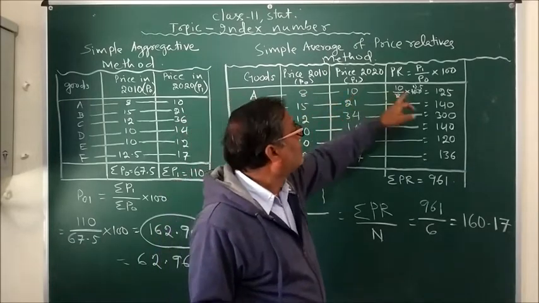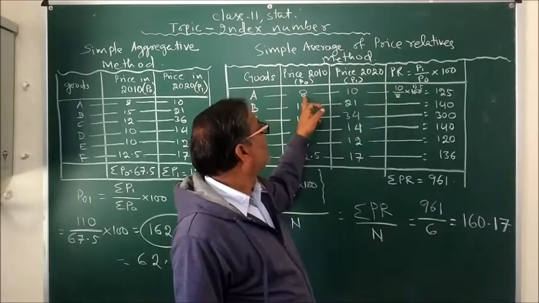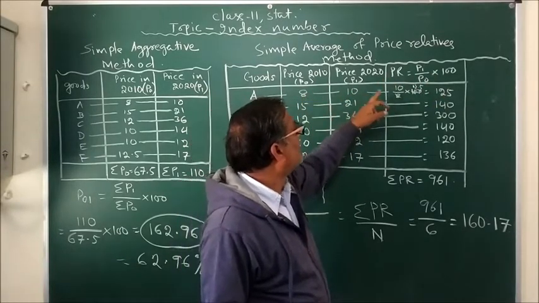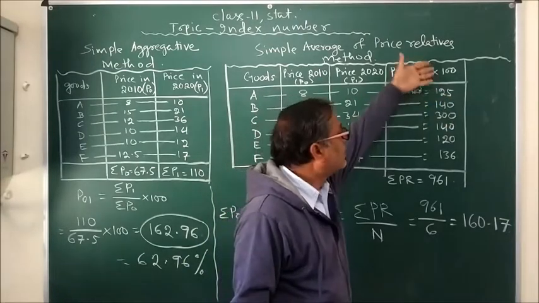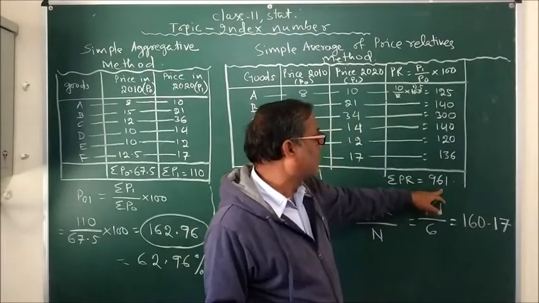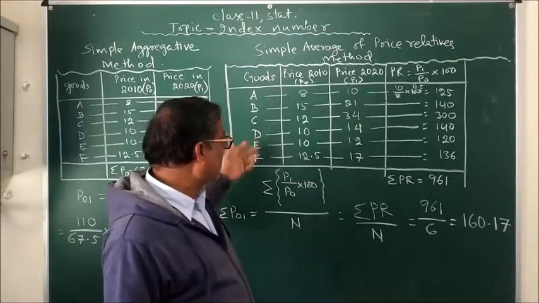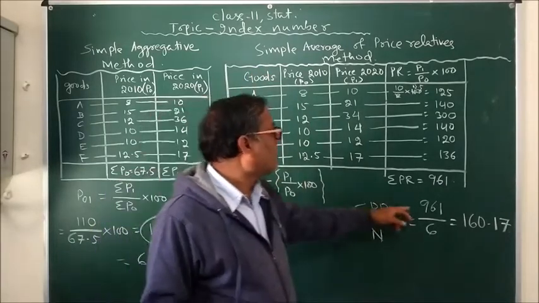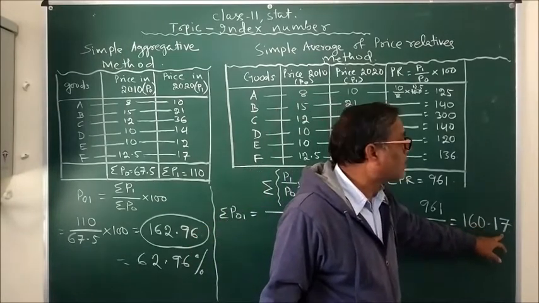So P1 by P0 into 100 is 10 divided by 8 into 100, which equals 125. In the same way you can calculate the PR column, and after adding, summation PR is 961. The number of items N is 6, so 961 upon 6 gives 160.17.